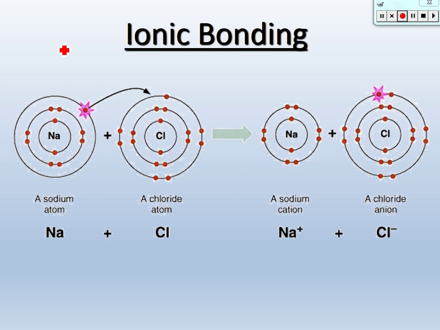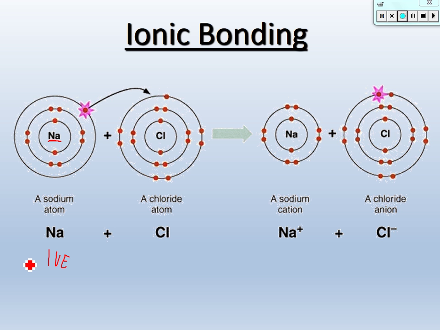Okay. So let's look at that in a little more detail. I know this isn't in your guided notes, but please pay attention up here as we go through this. I'm going to ask you a lot of questions about it. So let's start here with sodium. How many valence electrons does sodium have? One. It's got one valence electron. Easier for it to lose that one valence or gain 7 more?